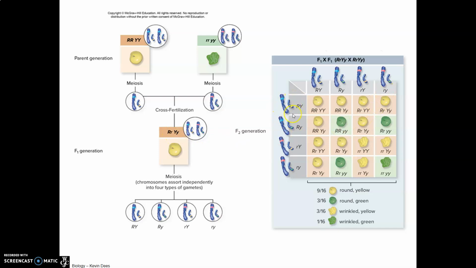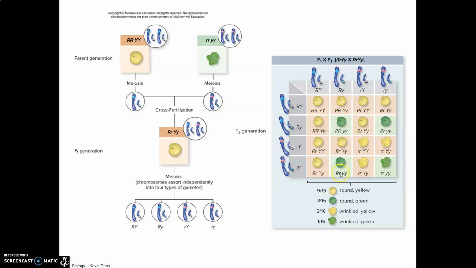And we'll do the same thing for each parent. Then all you need to do is pair up the alleles. Again, making sure that you put the like alleles together, the alleles for the same character together. And if you have a dominant allele, make sure that it is written in your notation first.